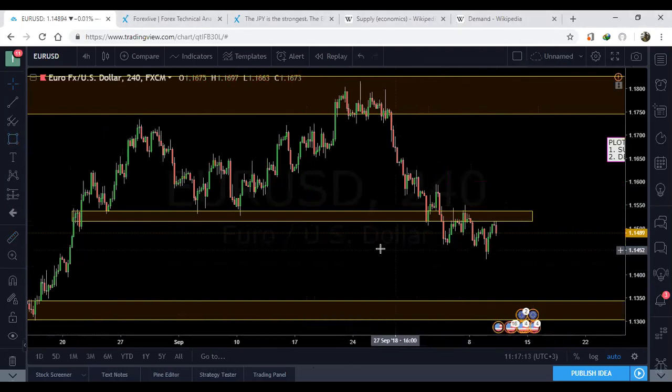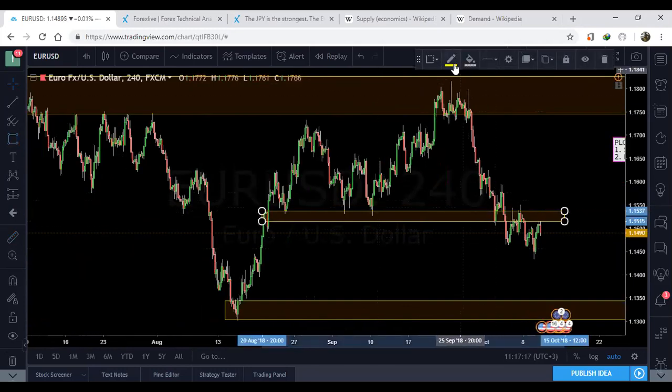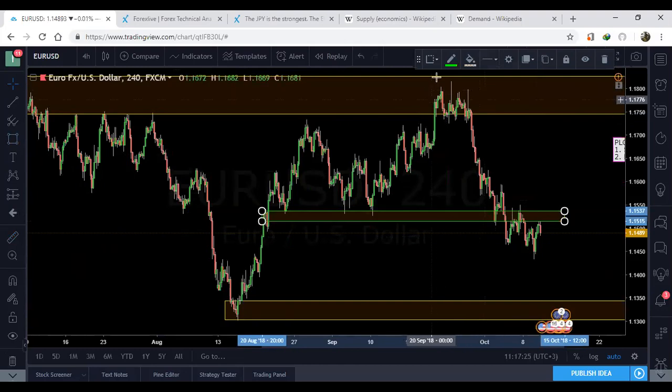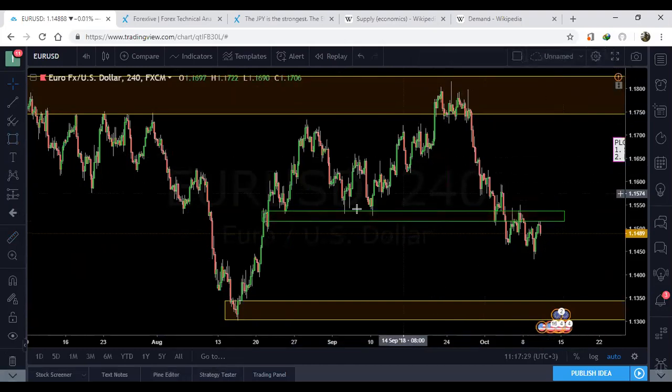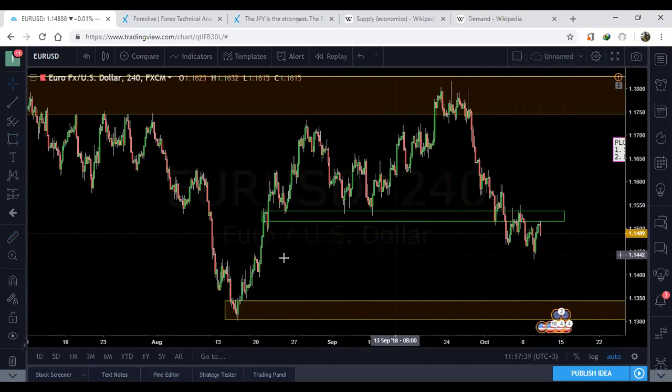If this is our minor zone, we are going to label it differently. Maybe, I don't know, I'm not a colors person, but maybe green, some greenish, maybe in there. Yeah, I think that will work. So this is our minor supply zone, and we need to get a minor demand zone.